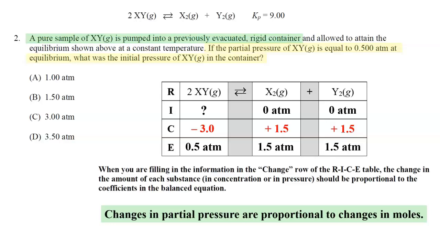So now we have everything we need to answer question 2. If the partial pressure of XY is equal to 0.5 atmospheres at equilibrium, and that pressure has decreased by 3.0, that means that the initial pressure of XY in the container at the beginning of the experiment must be 3.5 atmospheres. So the correct answer to question 2 is choice D.